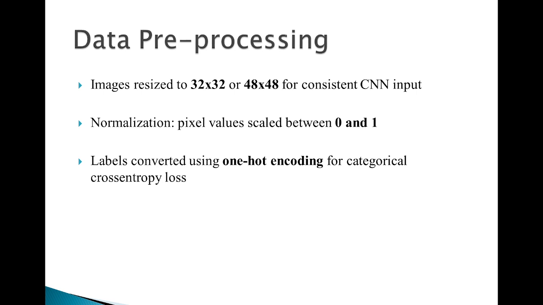So they divided by 255 and got a scale between 0 and 1. And for the labels, they use one-hot encoding for the categorical cross-entropy loss.